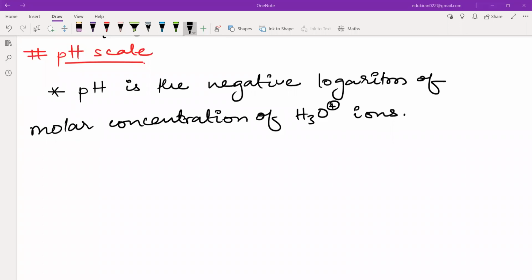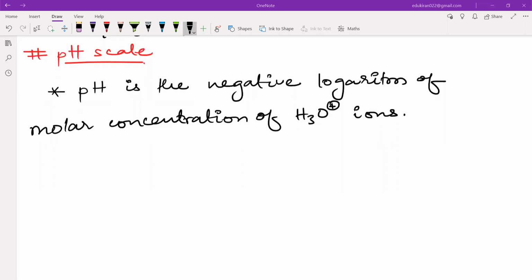Actually, the letter P that is written before hydrogen has kind of a history with it. P was the word, I think in French, German, and Danish, because I think pH was introduced by a Danish chemist. I don't know his name actually, but he was a Danish chemist.